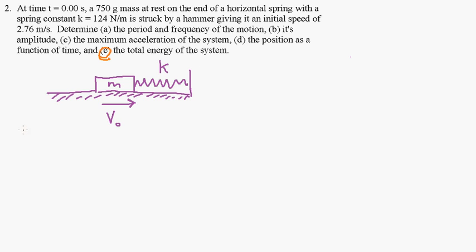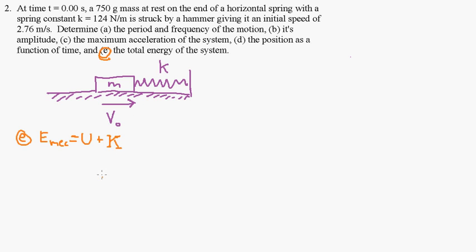Like we learned in the previous problem, the mechanical energy, or total energy, is potential plus kinetic. Note the difference between capital K for kinetic energy and little k for spring constant.